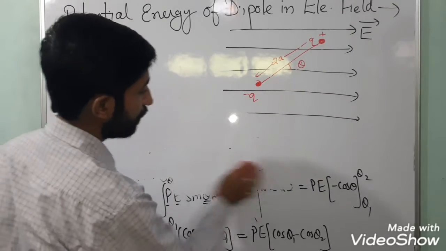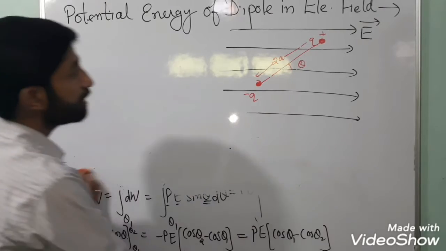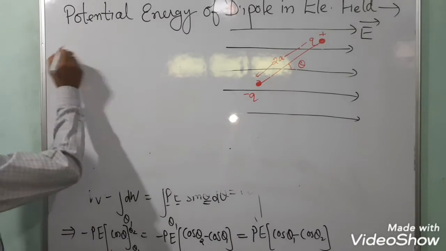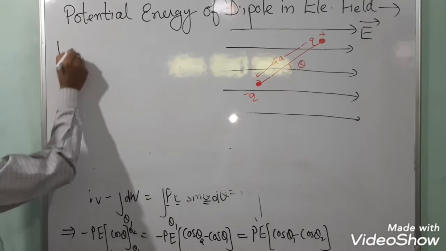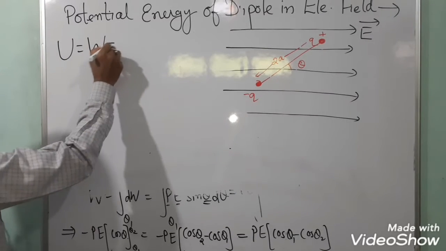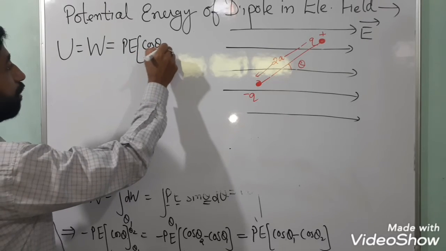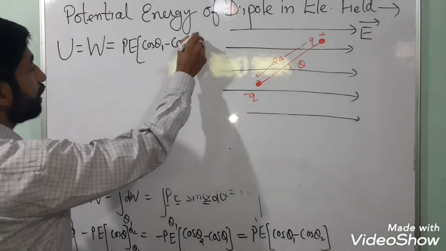This gets stored as the potential energy of the dipole in the electric field. That is denoted by U, and U is equal to the total work done, that is Pe (cos theta 1 minus cos theta 2).